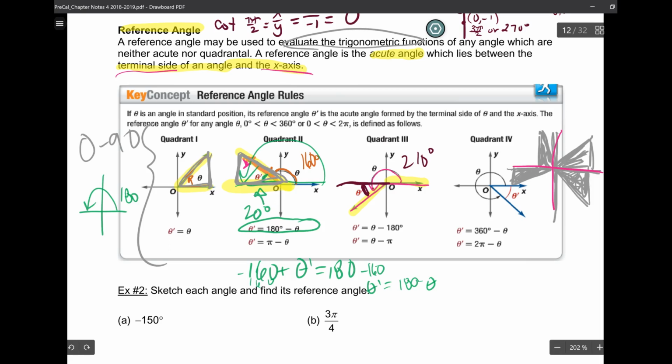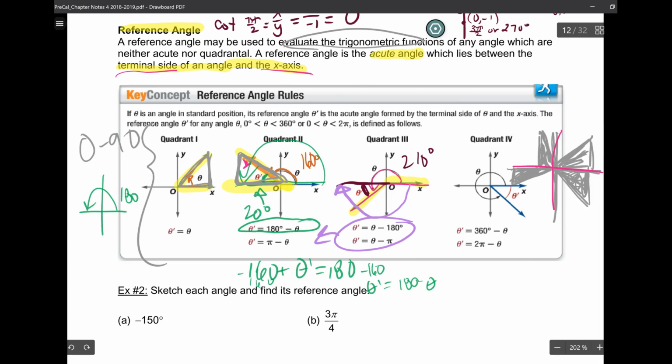So what we can do is, once again, this is just the flipped version of quadrant 2. So between the origin, your initial ray, and the other side is 180. Except here, it's just the opposite of what I did with quadrant 2.